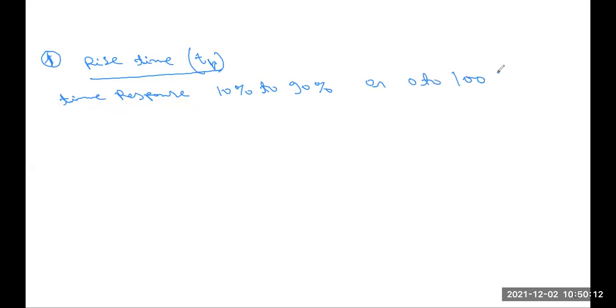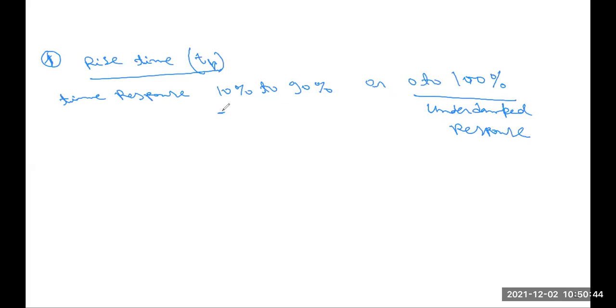This is dependent on the output of the system. Either 10 to 90% or 0 to 100% of the desired value of the output is considered. When it is 0 to 100%, this is basically called the underdamped response.